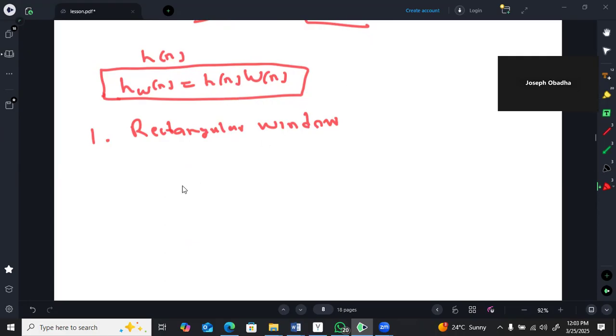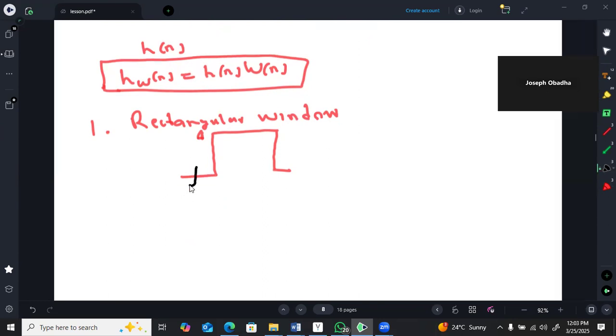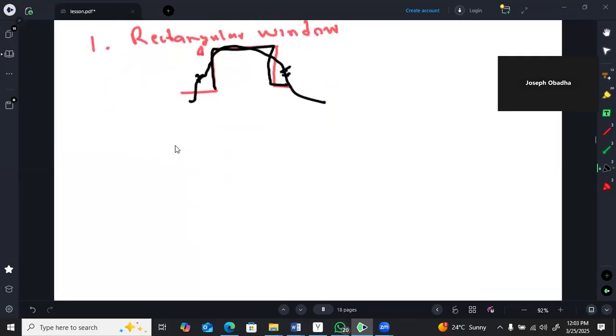It is like creating a window just having an amplitude of 1, and then passing the signal through it. So if the signal had some characteristics outside this window, those outside the window will not be passed, because the signal will take the shape of the window. So a rectangular window would be defined by W rec equal to 1 for the whole range of the filter coefficients.